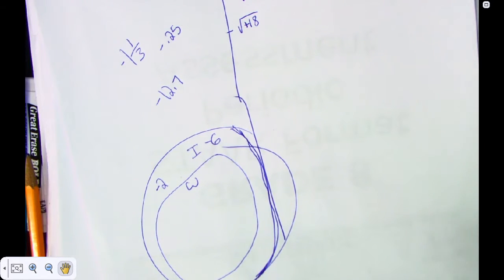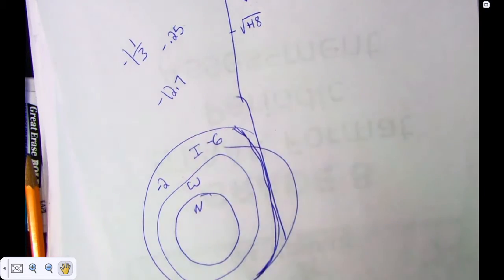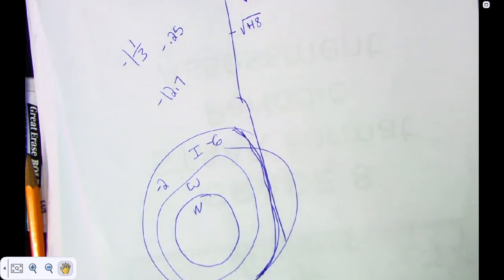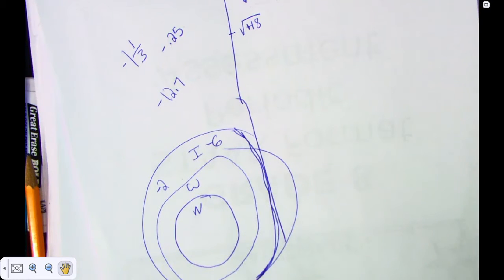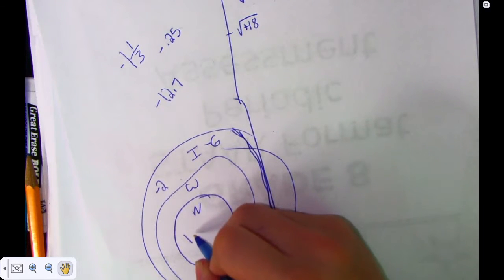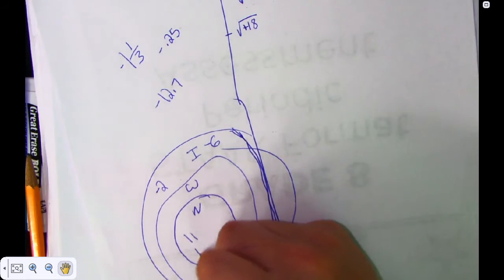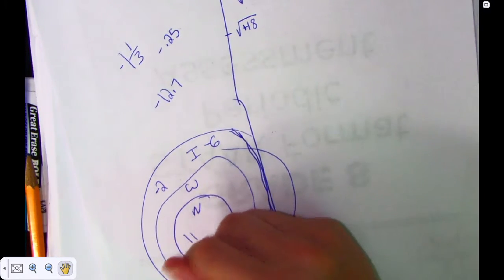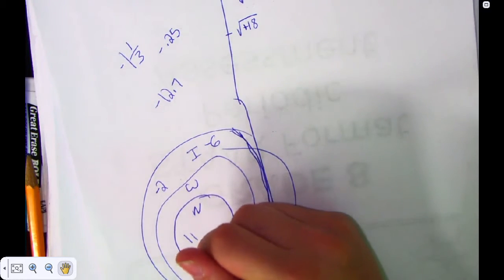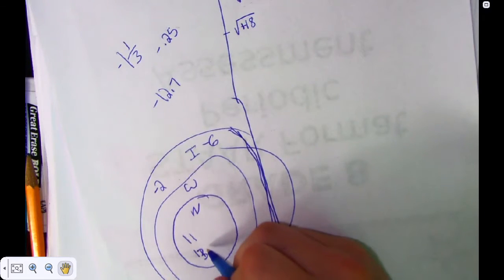So make another circle and put in natural numbers, counting numbers. So 1 to 1,000, which is 337. That is a natural number. So put a 1 and then put 1,000 below it. 337.